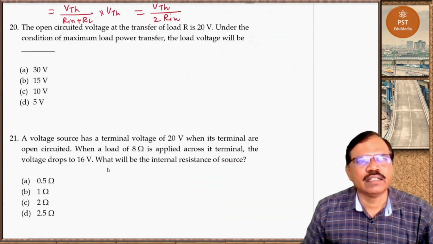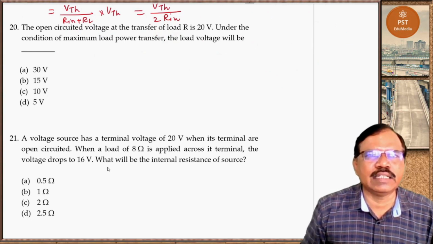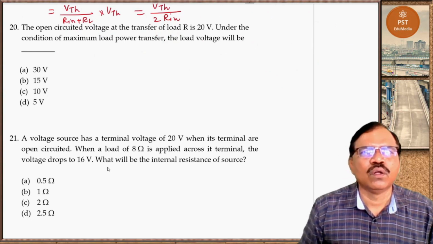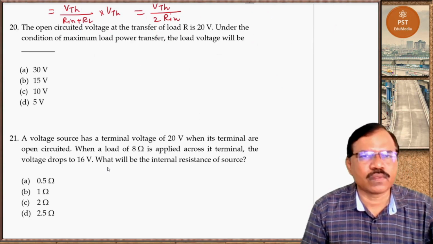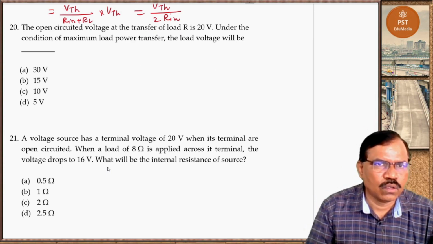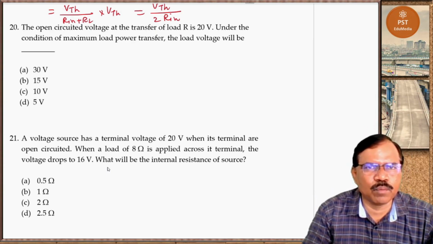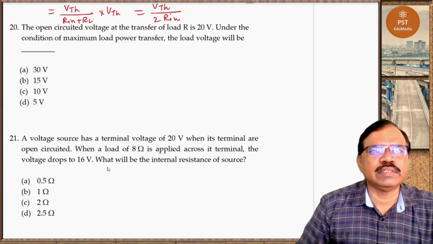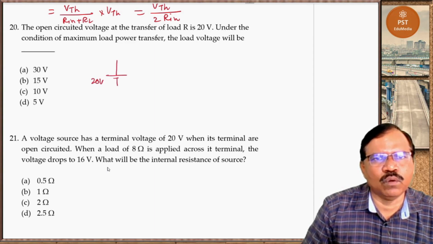Now the next one: the open circuit voltage at the terminals of load R is 20 volt. Under the condition of maximum load power transfer, what will the load voltage be? So what happens here? This is the source, it is 20 volt.